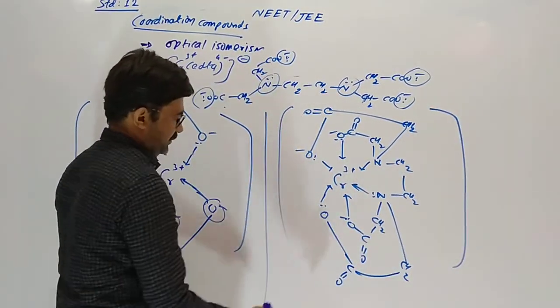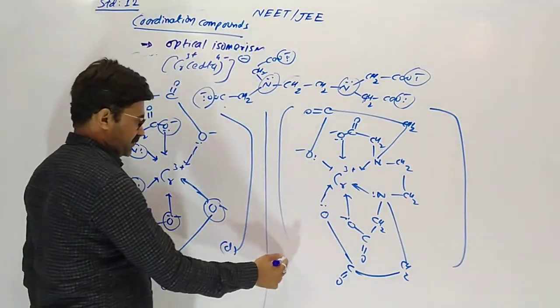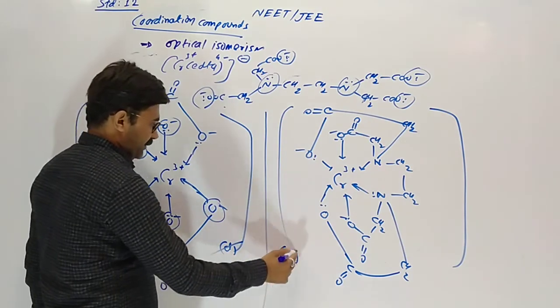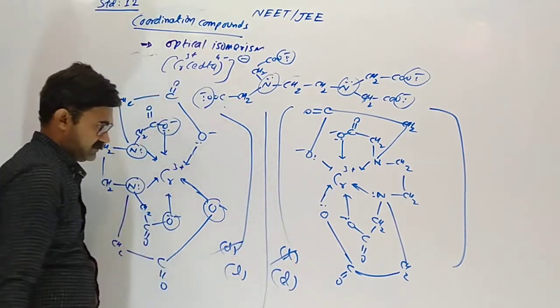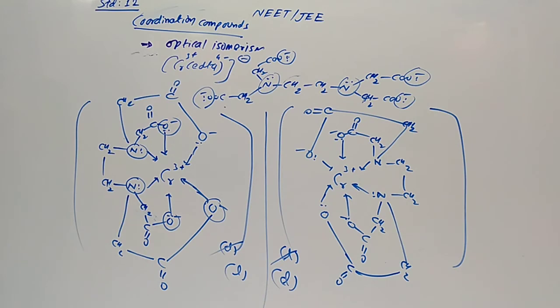A very complex structure occurs. One of them is dextro. Suppose this one is levo, then this one is dextro. They are mirror images of each other and show optical isomerism.